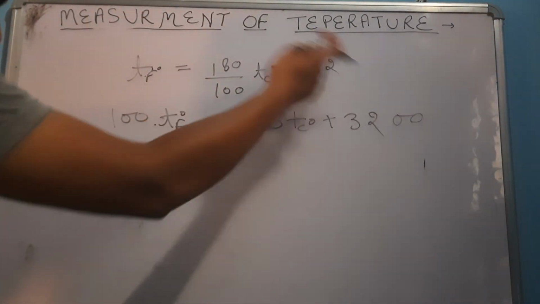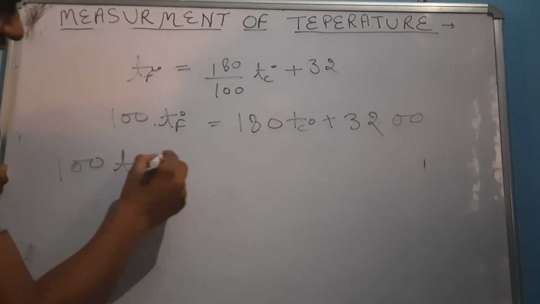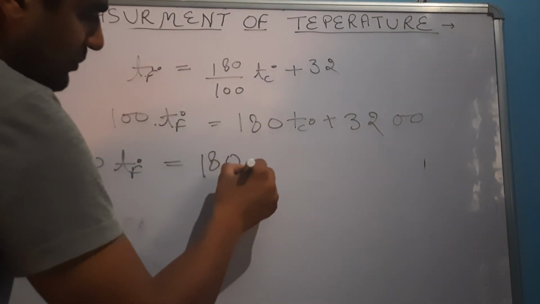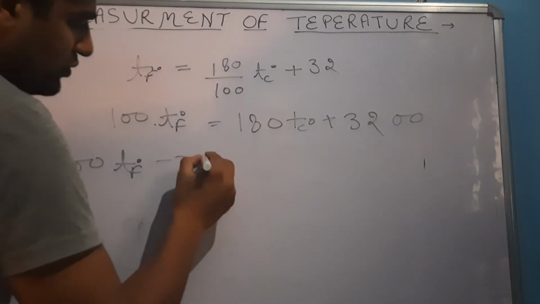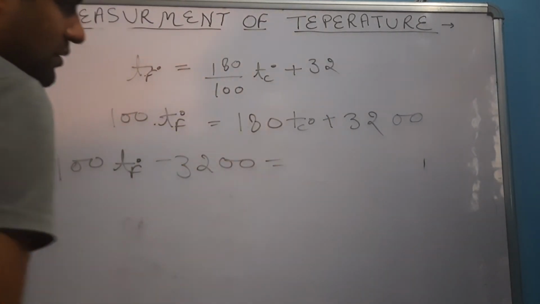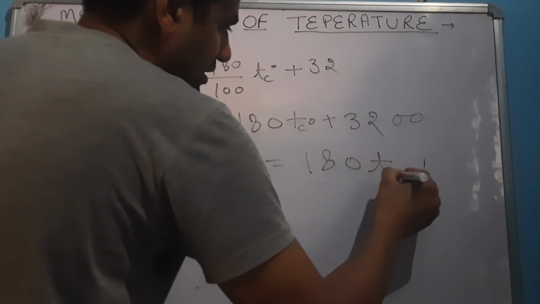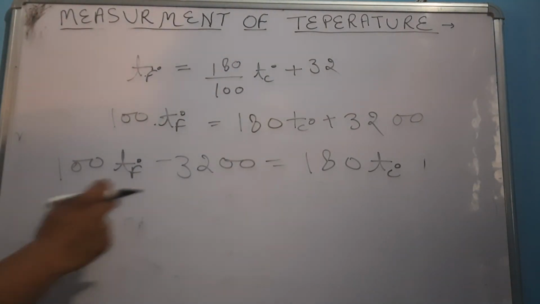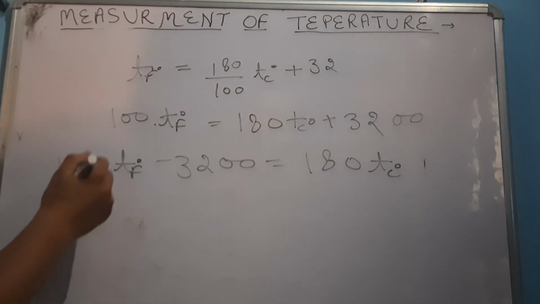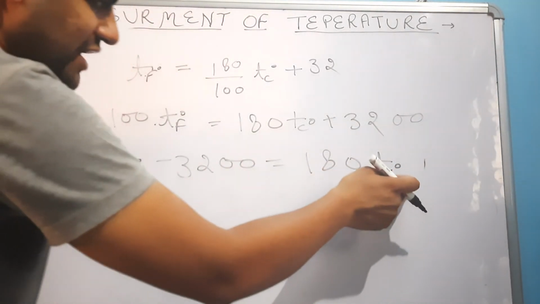So we will bring this side, 100 times temperature in Fahrenheit minus 3200 equals 180 times temperature in degrees Celsius. So we will bring this 180 here, and we will divide this by 100.